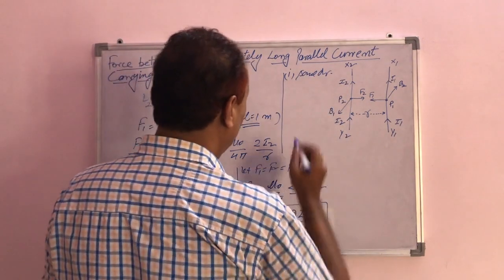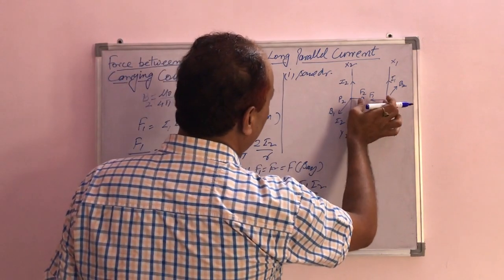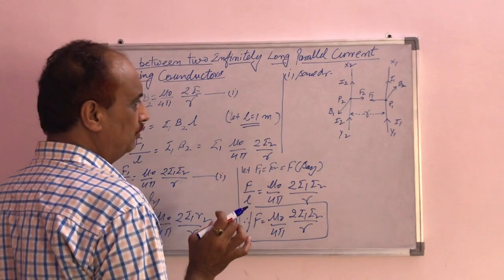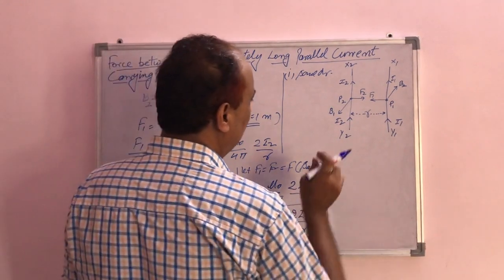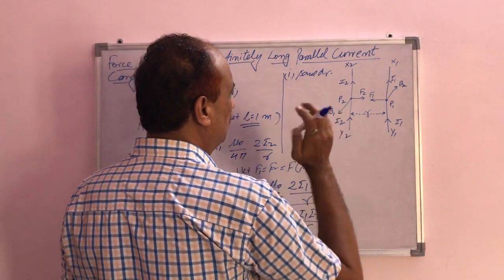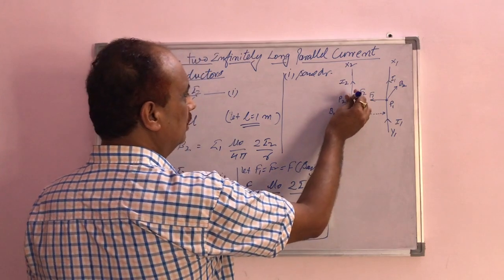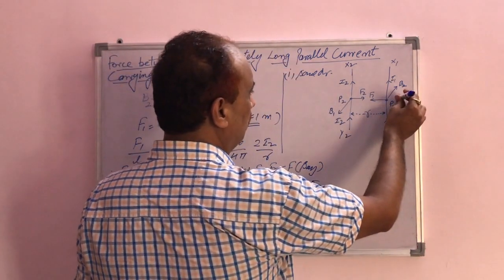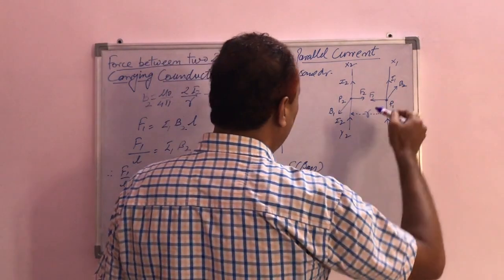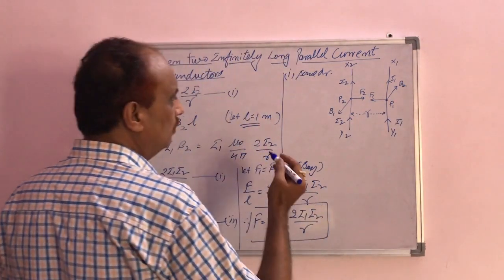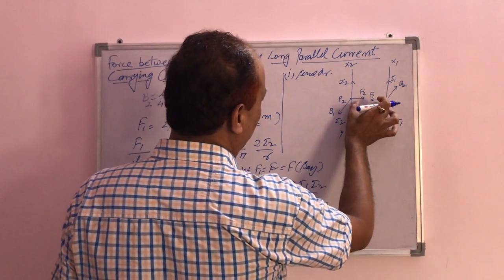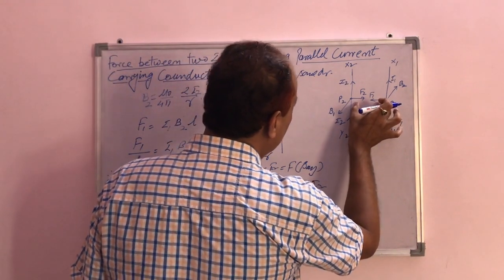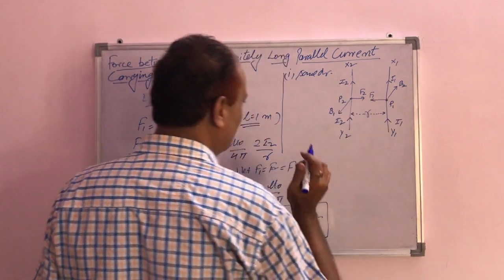In case number 1, when the current is flowing in the same direction, the force will be acting in the inward direction according to Fleming's rule. The magnetic field B1 is acting perpendicular to the plane of the paper in the outward direction, and magnetic field B2 is acting perpendicular to the plane of the paper but inside the paper. In that condition, F1 and F2 will be acting in the space between the two conductors.